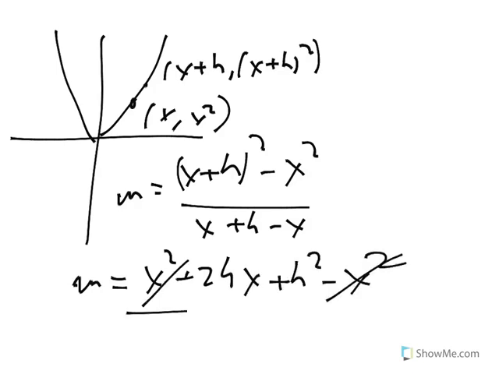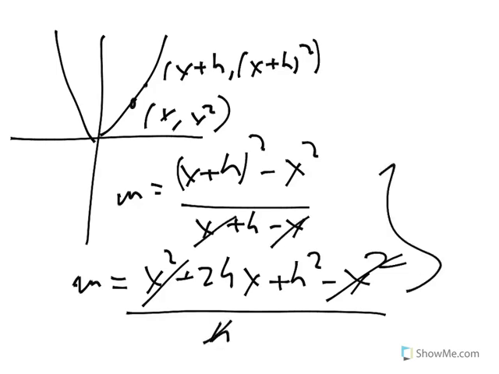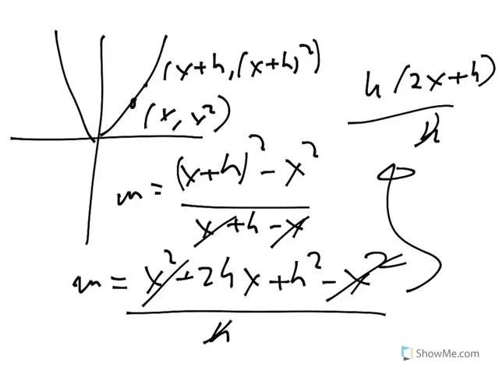Those cancel. X plus h minus x cancels. Factor out the h. 2x plus h over h. Those cancel. That's going to be about 2x. So with that, we get a rule that in the parabola y equals x squared, the slope of any tangent line is double the x coordinate.